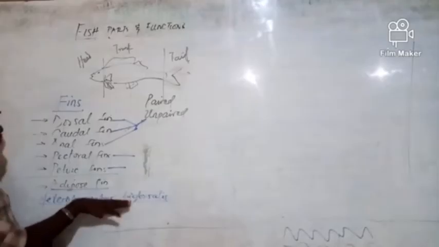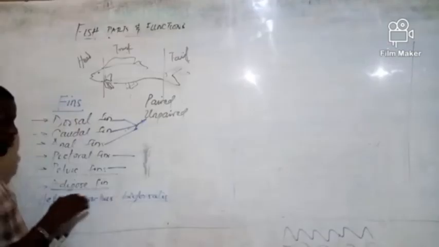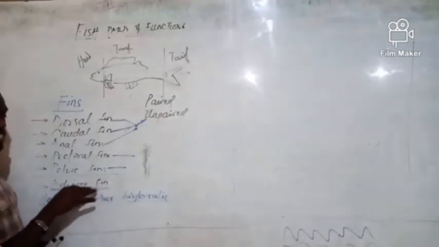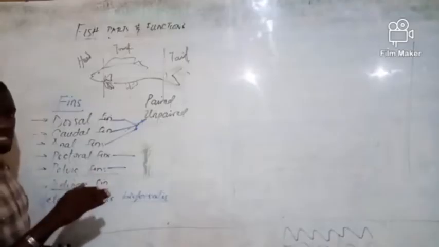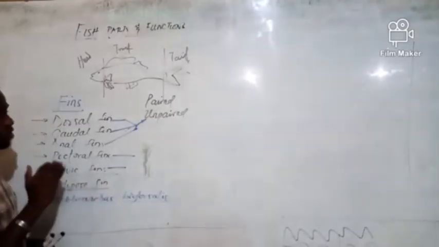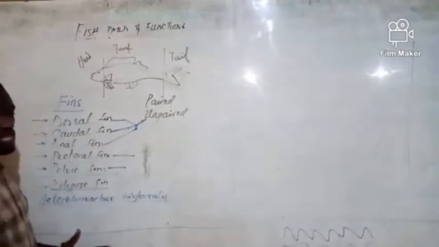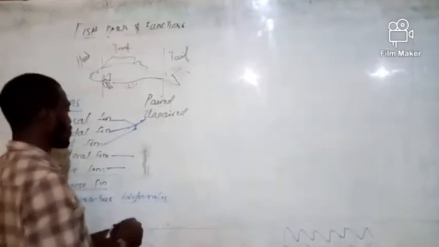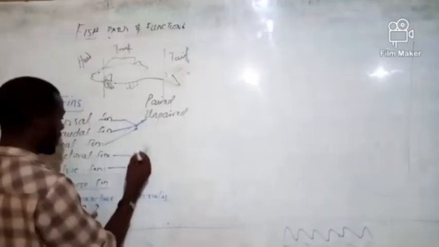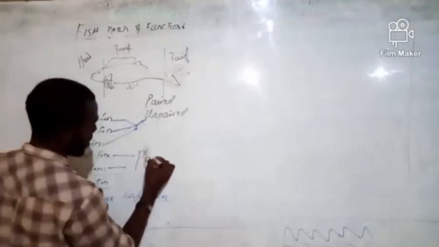But that does not mean that the dorsal fins are two anyways, because that adipose fin, the second fin, is an adipose fin, which is merely a fatty tissue. It is not responsible for locomotion. Remember I said that all of these fins are basically responsible for locomotion. So we said that these two are paired fins.